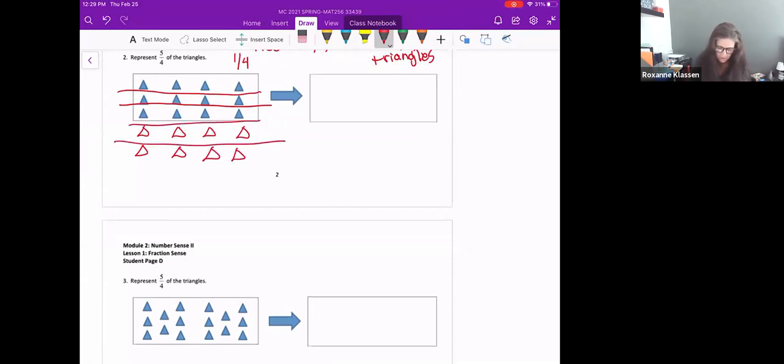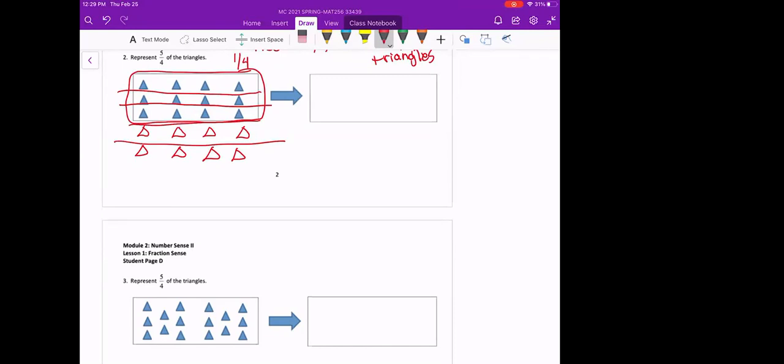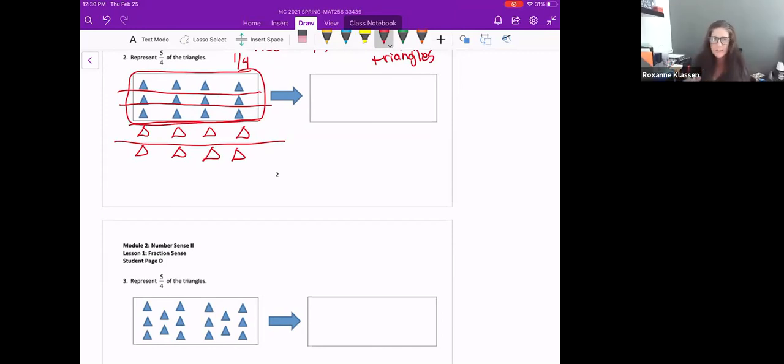So if I have my original box right here, and I know that's the whole, right? That's the unit, that's the entire group. Then when I split it horizontally with those 2 lines, how many groups have you created? There's 3 groups. So if you have a whole and it's split into 3 groups, what size is each group as a fraction compared to the whole?